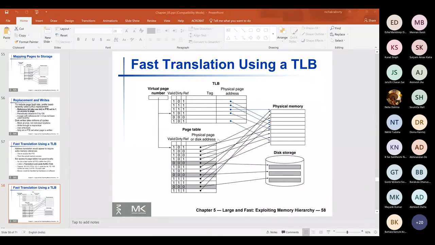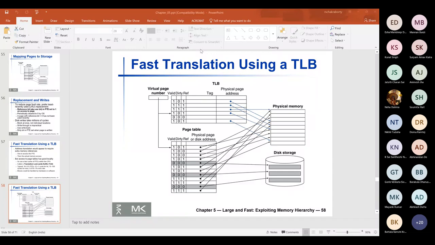First of all, how many TLBs are there? Page table is one per process, somewhere in memory. But how many TLB caches do you think are there inside your CPU? Only one. So TLB is a shared resource between different processes.